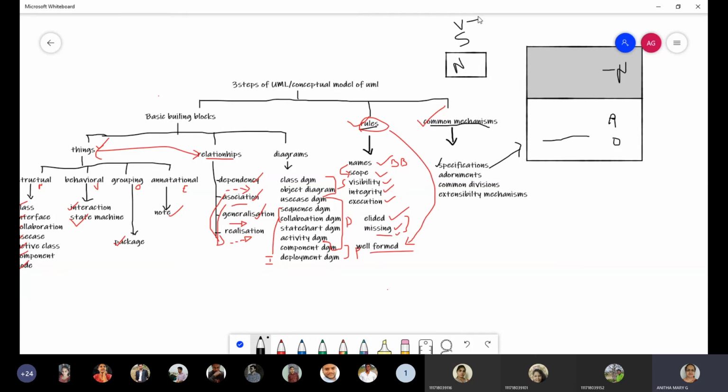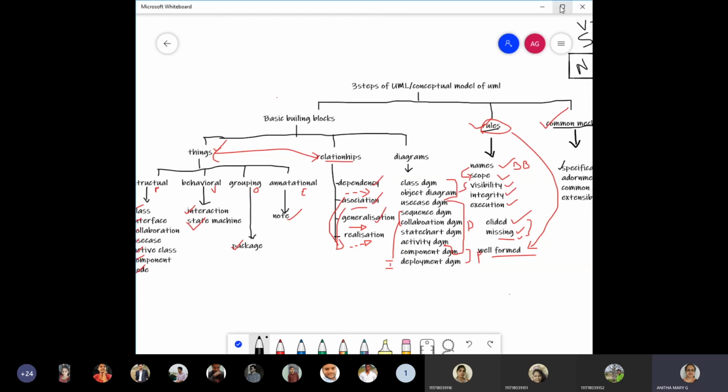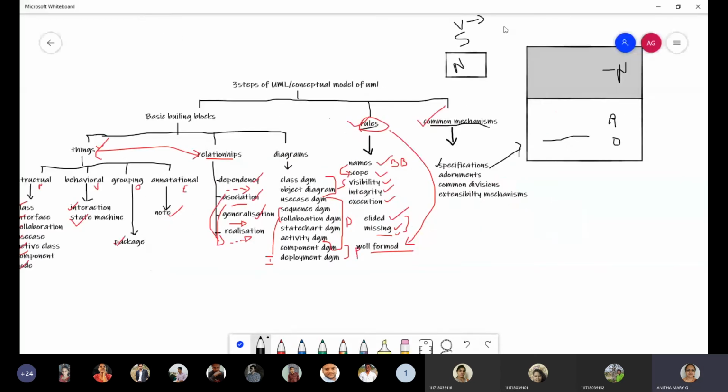Visualization means just seeing the contents, whereas specification means all the details you are going to see.